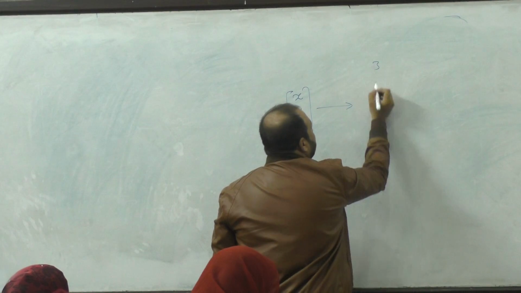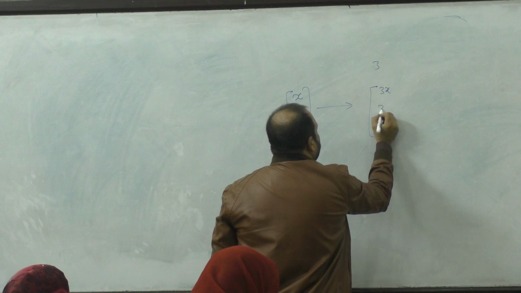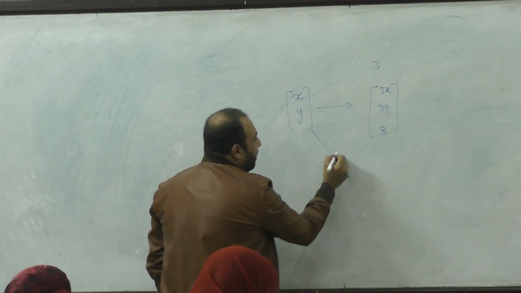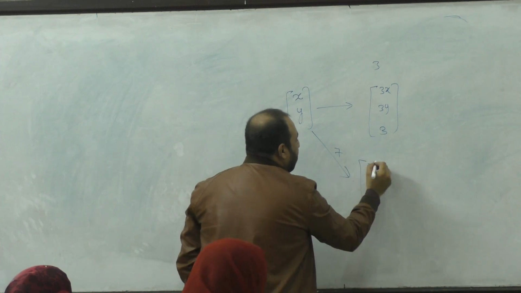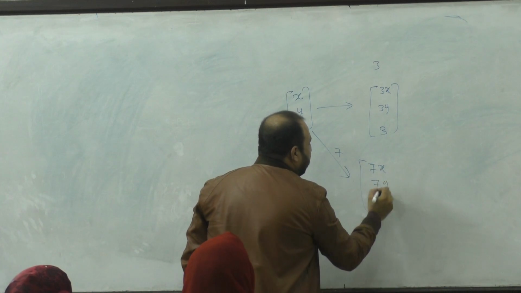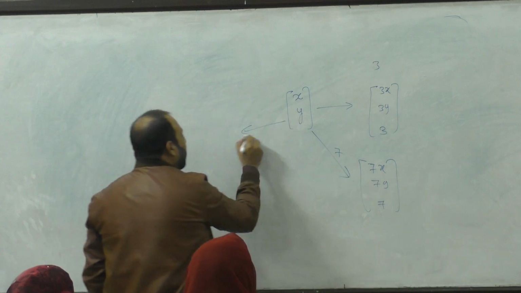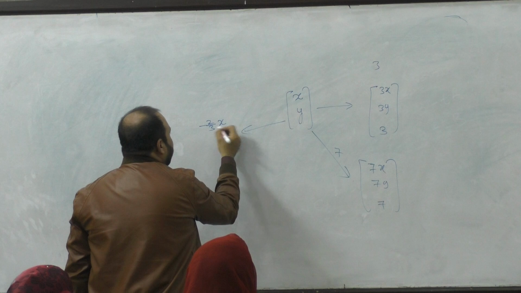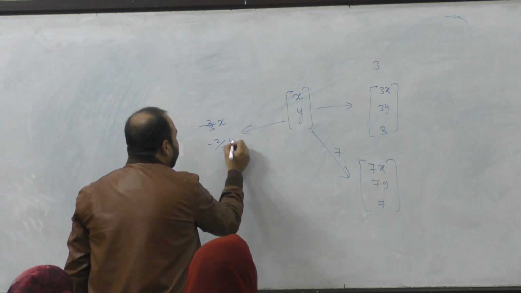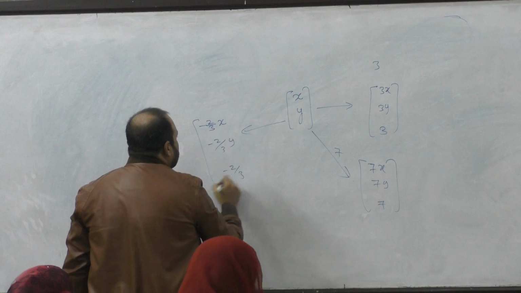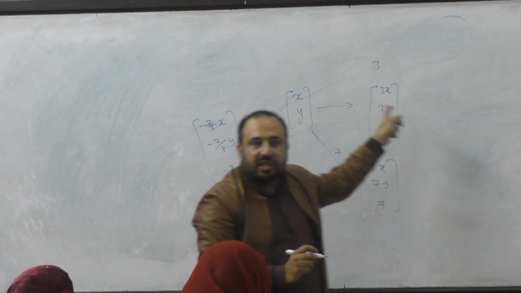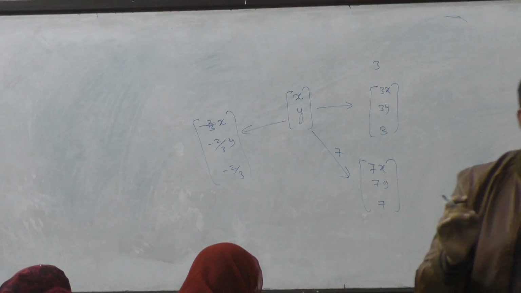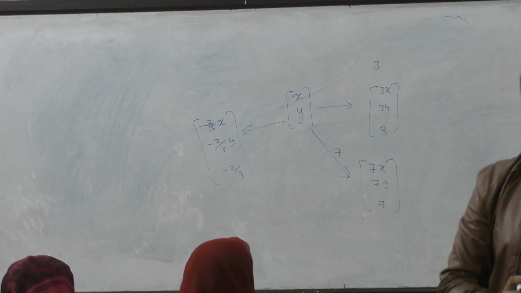If the scale factor is 3, then this is 3x, 3y, 3. Another student may come up with a scale factor, let's say 7, and this becomes 7x, 7y, and 7. Another student may come up with minus 2 over 3, and this becomes minus 2 over 3 x, minus 2 over 3 y, and minus 2 over 3. So one point in 2D has several homogeneous representations. Whatever homogeneous representation of a point you come up with, when you convert back, you get the same point.